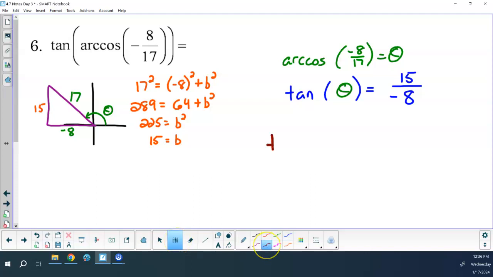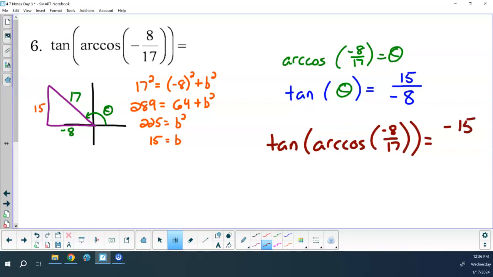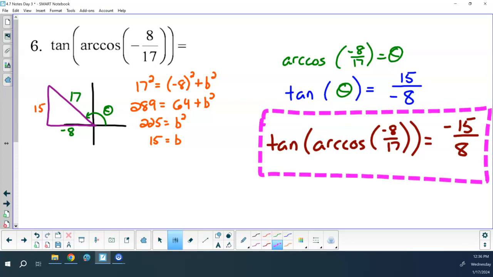So the tangent of the arc cosine of negative 8/17 is negative 15 eighths. Agree?